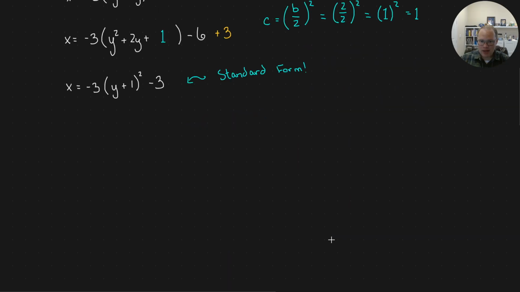So now that it's in standard form, I can graph it. My vertex of this parabola is going to be at -3, -1. It's going to open to the left because that guy's negative.